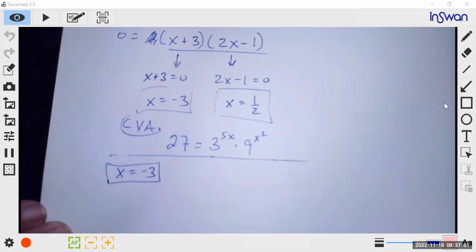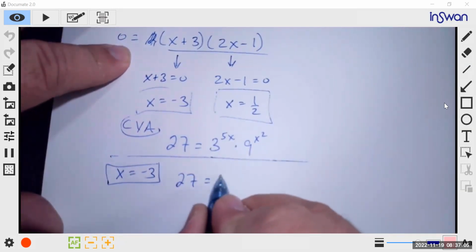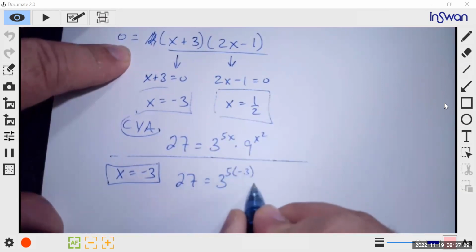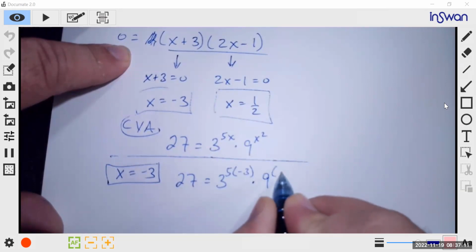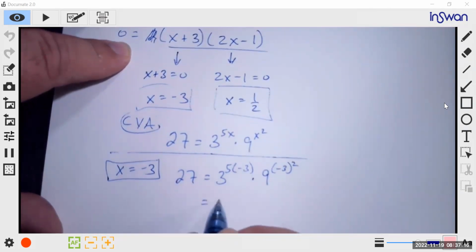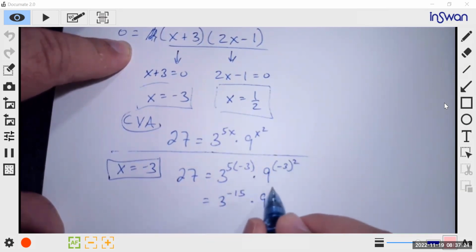Let's try the first one. 27 equals 3 to the 5 times -3, 9 to the -3 squared. 5 times -3 is -15. -3 squared is 9.